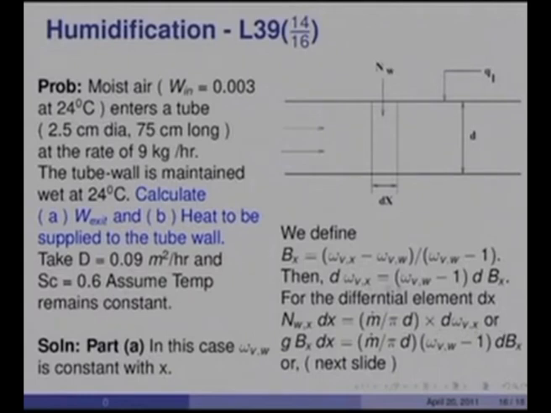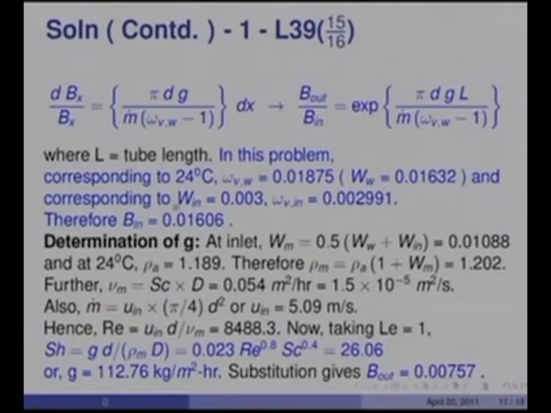If I substitute for omega V x this expression, I get N W equal to G B, then I get G B x times dx equal to m dot divided by pi d omega V W minus 1 d B. On the next slide you see d B x by B x would be equal to pi d G over m dot W, omega V W minus 1 into dx. If I integrate this equation from inlet to outlet, then this will give me logarithm of B out over B in equal to that expression into L.